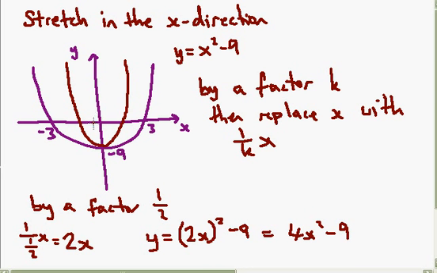It has been squashed inwards. Now it's still called a stretch, and always call it a stretch by a factor of a half. However, make sure that you don't write down squashed. Because I've stretched it by a factor of a half, the intercepts are now 3 halves and minus 3 halves.